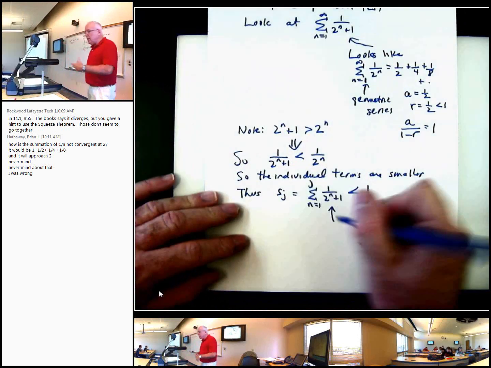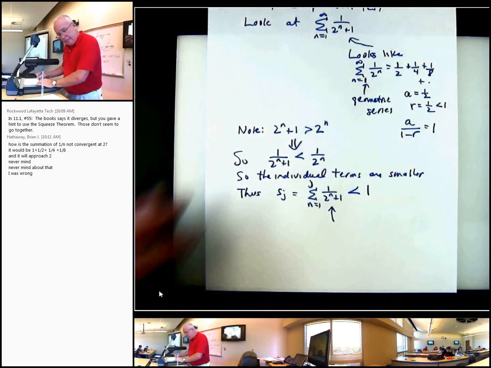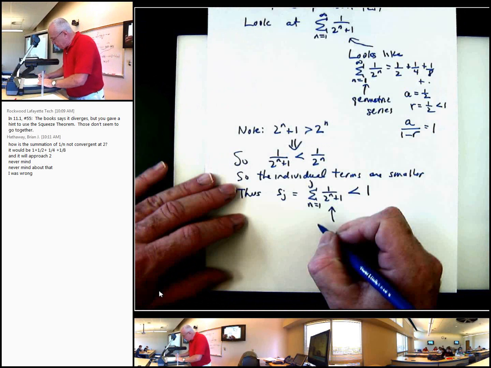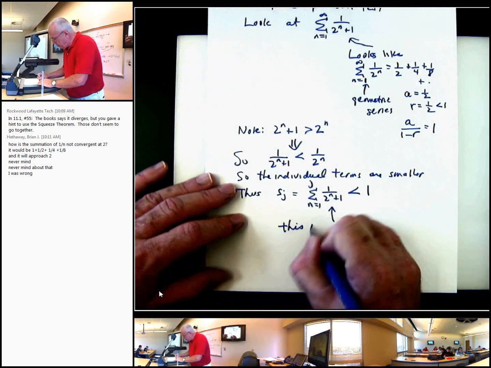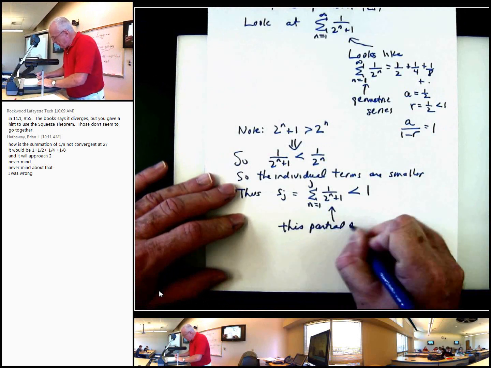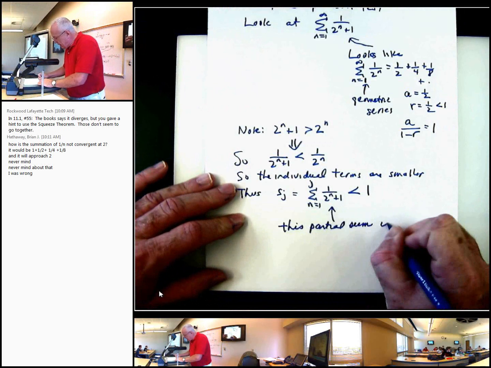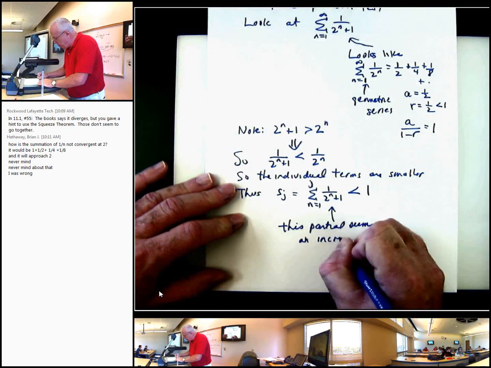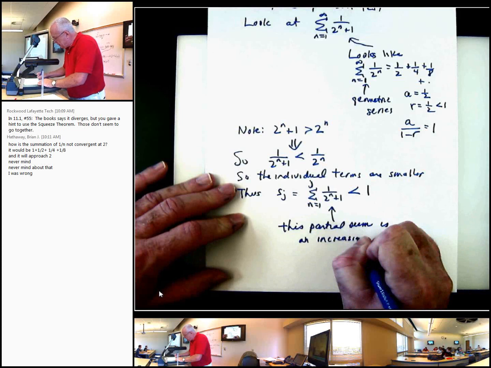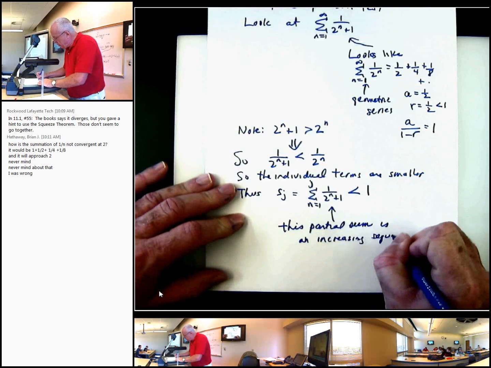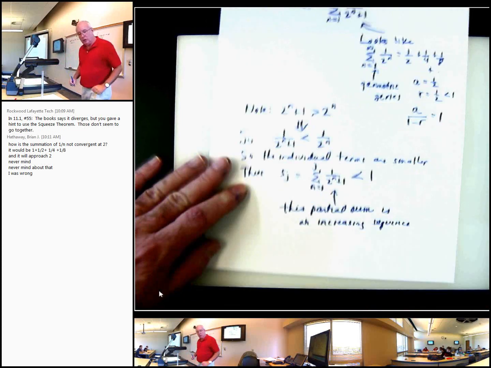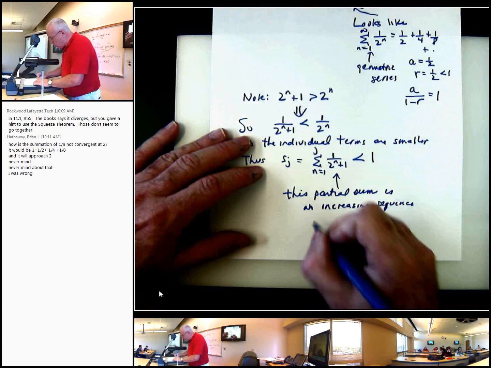And every time we build onto this, it gets bigger. So this partial sum keeps getting bigger, so it is an increasing sequence. Those s sub j's keep getting larger, and it's bounded by 1.